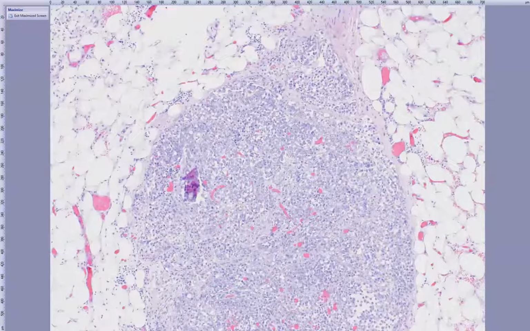And a caveat to this is that the architecture of this particular case is not fantastic, I think in part because it's a metastasis. And the problem is that these cases are so uncommon that it's really difficult to find examples of this tumor.